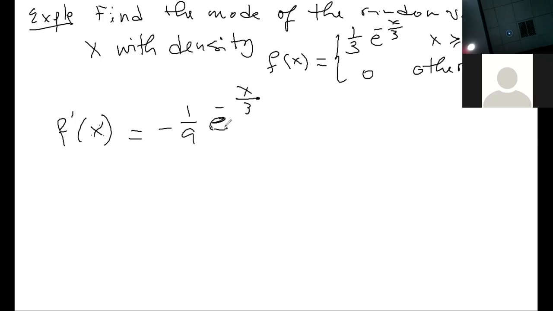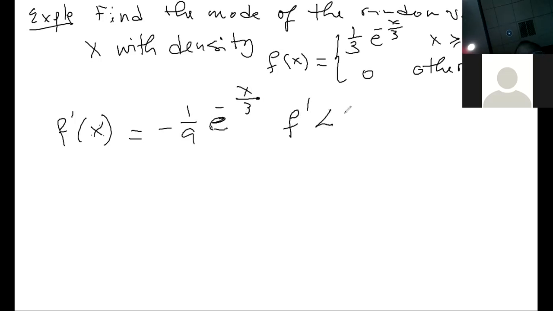Can this derivative ever be 0? This derivative cannot be 0. But it tells us that it's a negative function.